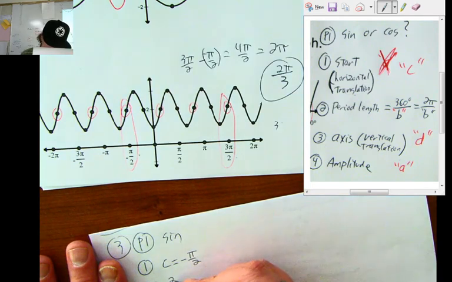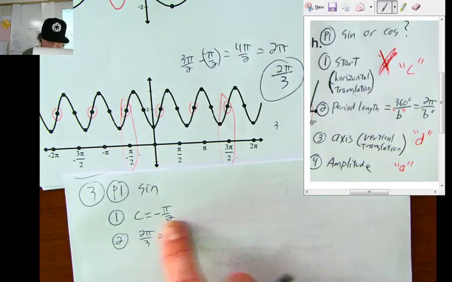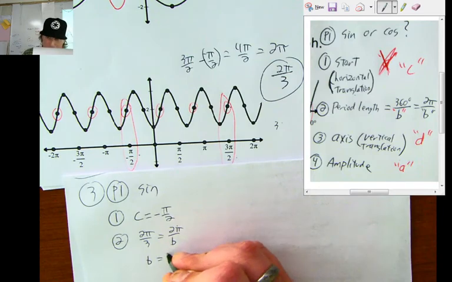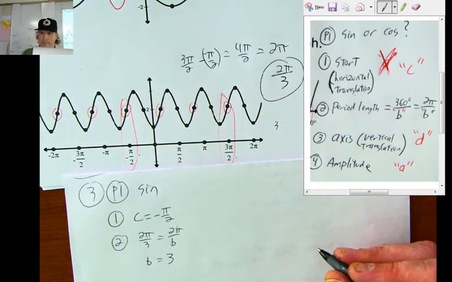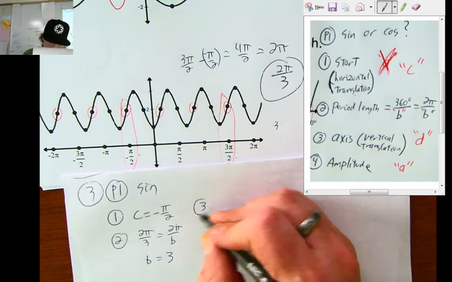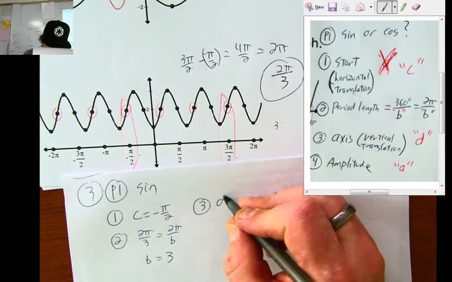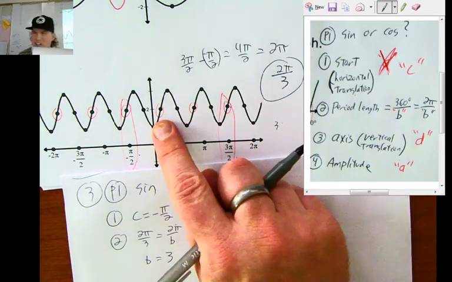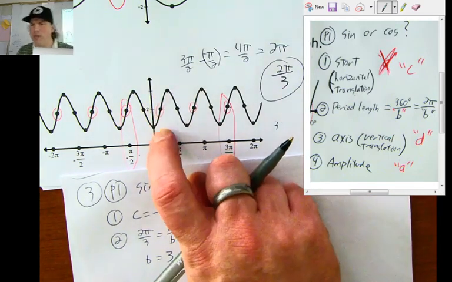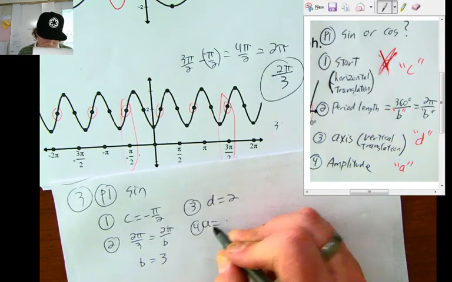So 2 pi over 3 equals 2 pi over b, which means the only way this equation would work is if b is equal to 3. Tricky. If you have questions on that, please let me know. Next, the axis is at 2, so I know that d is equal to 2. Looking at the graph, it looks like it just goes up 1 and down 1. So number 4, the amplitude is equal to 1.